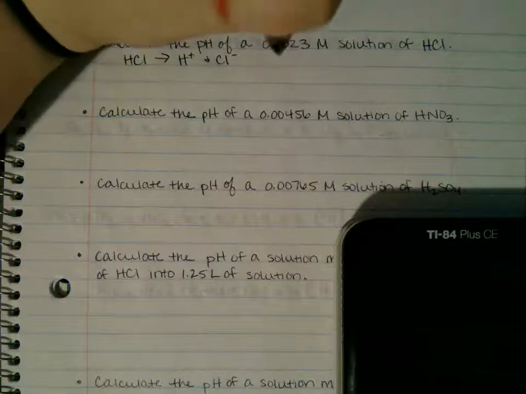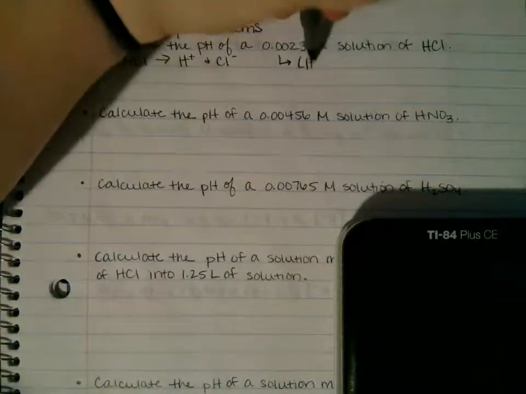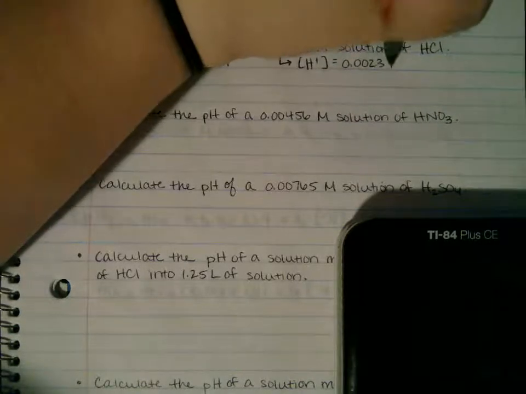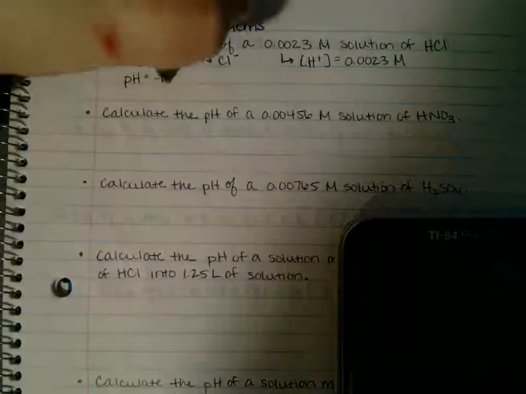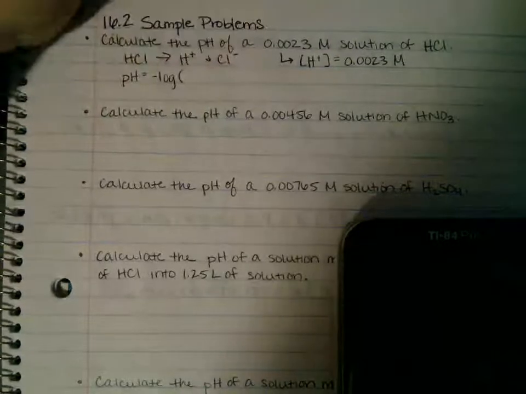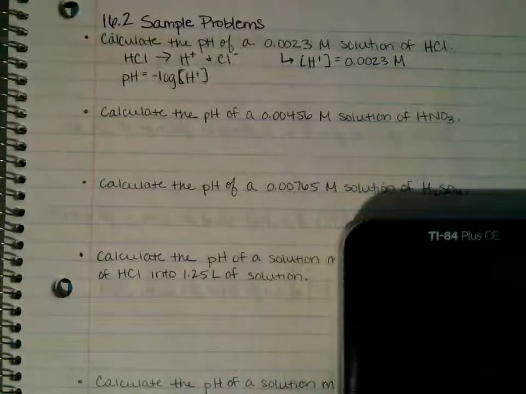Because this is a 1-to-1 ratio, our hydrogen ion concentration is equal to 0.0023 molar. If we want to find the pH of that, we need to remember the pH is equal to the negative logarithm of our H+ concentration.